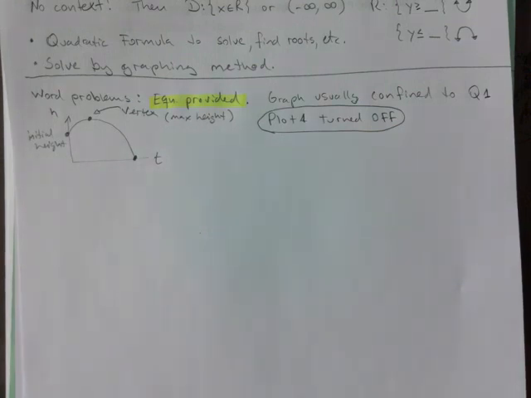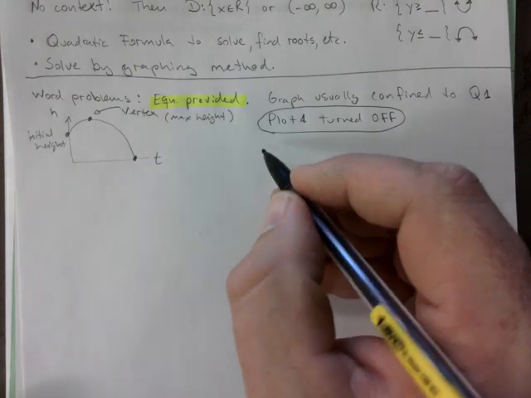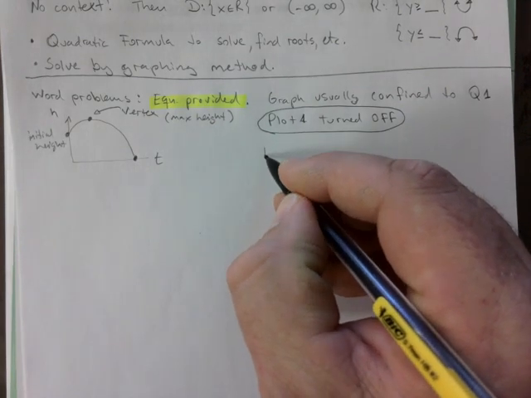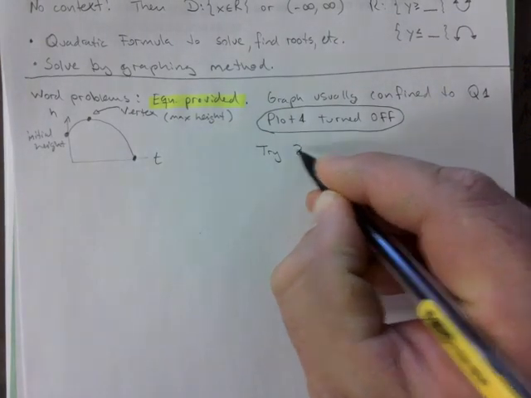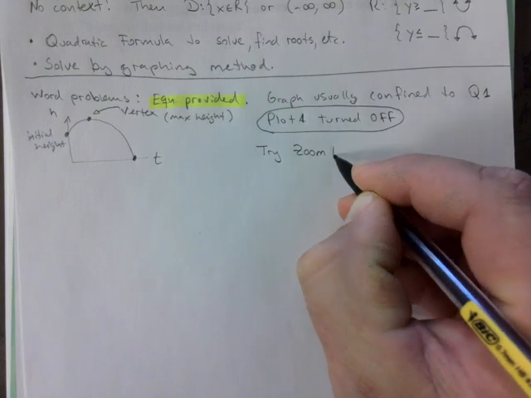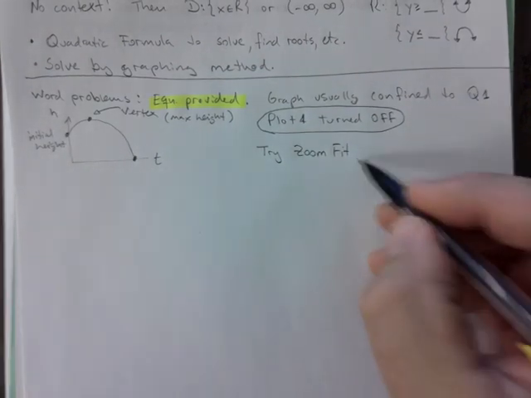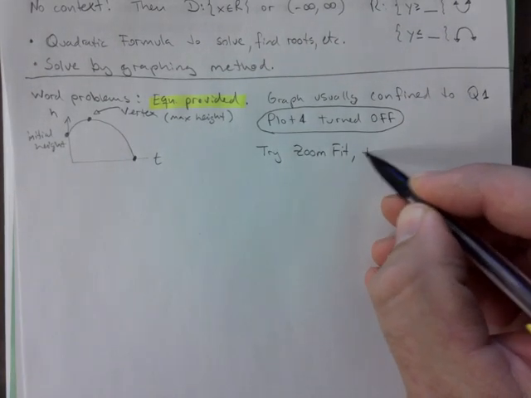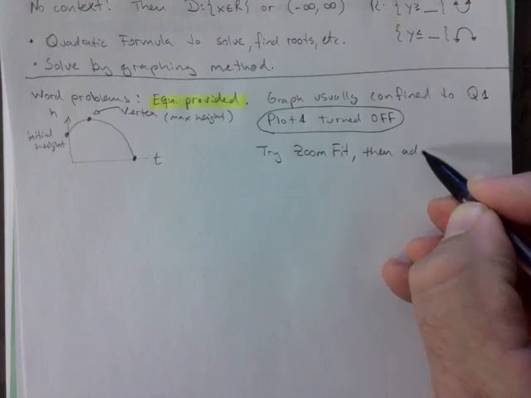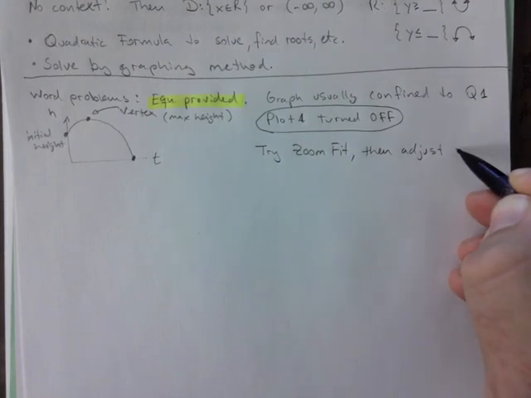Otherwise, it will conflict with whatever is happening. Whatever you have in plot 1, it will not work. Try zoom fit, then adjust as needed.